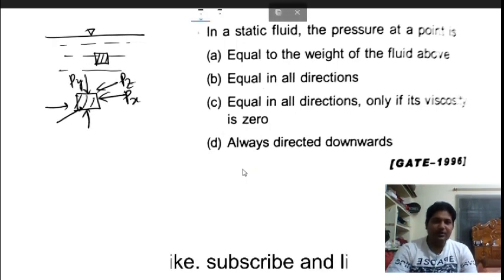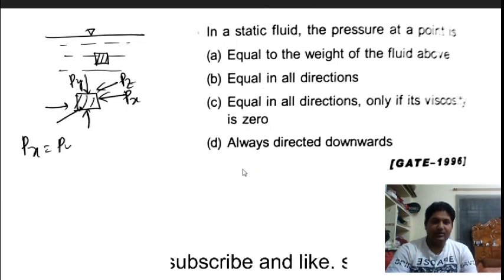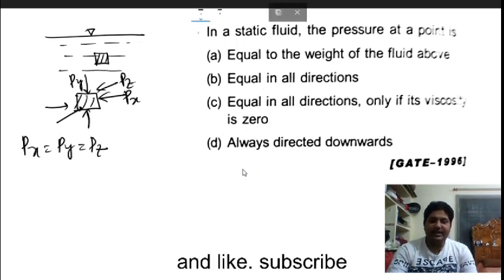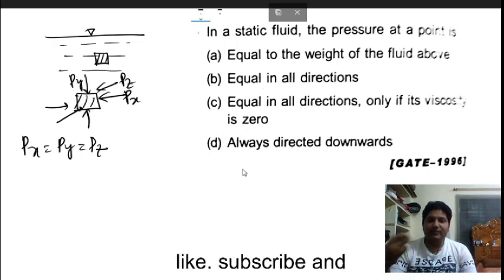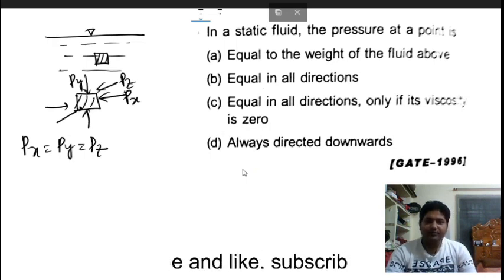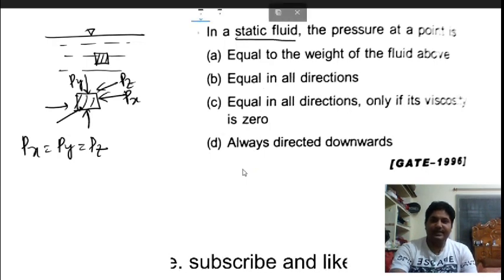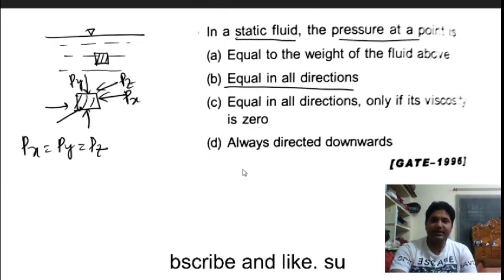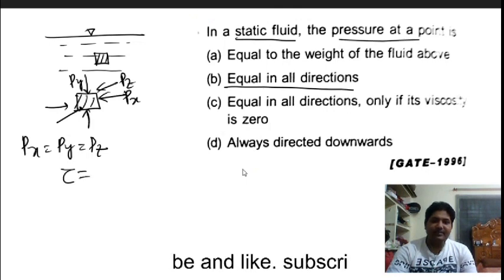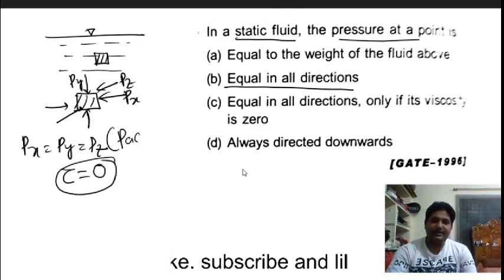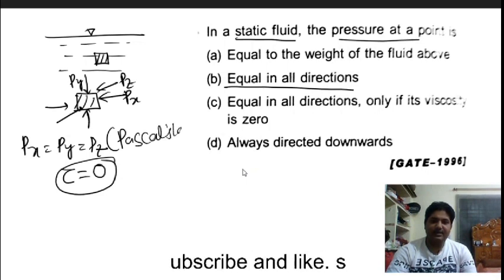Px will be equal to Py and Pz when the fluid is in absolute rest condition. So in a static fluid the pressure is equal in all directions when the shear stress between the fluid layers is 0. This is the case of Pascal's law.